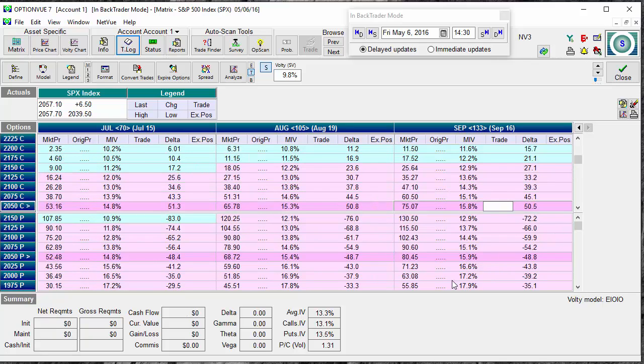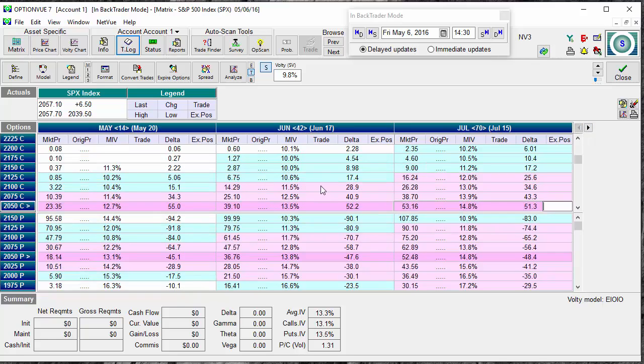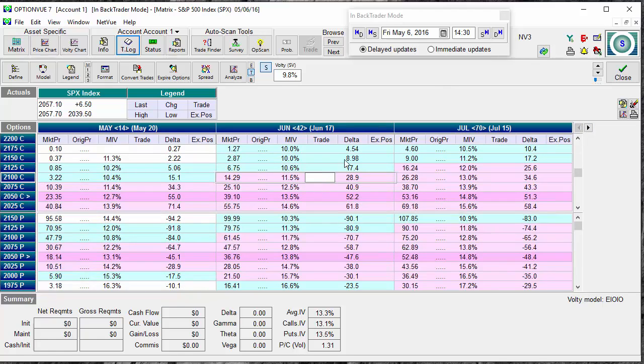Question number 6, when do you consider adjusting a calendar instead of closing? Great topic that I've done videos on in the forums. We did a whole webinar where I spent almost 30 minutes on it. I can look up the date and let you know.